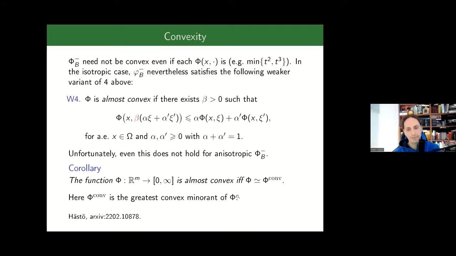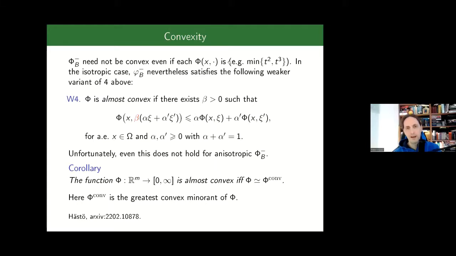And this is actually a kind of bad situation if phi is isotropic. Then if we take the minimum of some convex functions, the result will always be comparable to this greatest convex minorant.